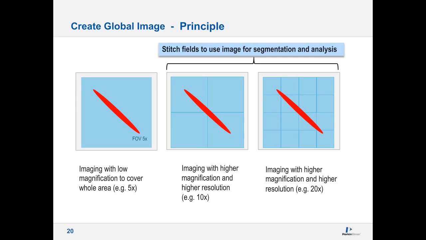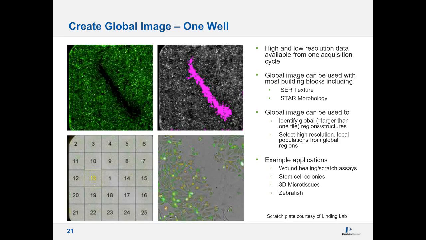And we can now basically assemble these high resolution images to give us a lower resolution image to really appreciate the large structure. We use this, for example, to analyze a stretch wound assay. The data was kindly provided by Rune Linding's lab in the University of Copenhagen, Denmark.